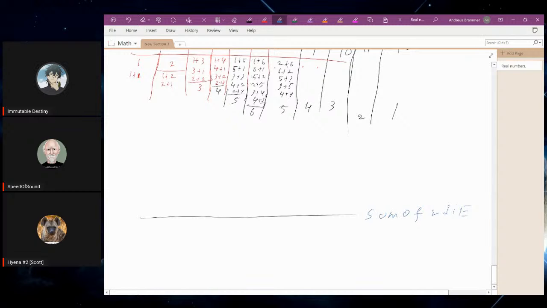And think about this one as being, for instance, the frequency of each number. Well, the highest we get is 6, and the lowest we get is 1. And so you get 2, 3, 4, 5, 6, 7, 8, 9, 10, 11, 12.